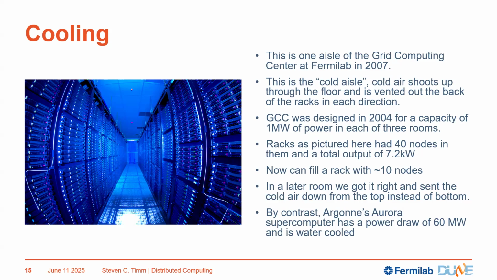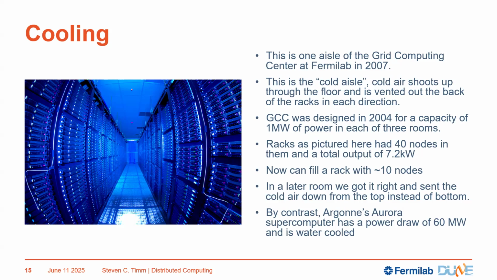Right. In one later room, we got it right, and we're sending cold air down from the top rather than bringing it up from the bottom. I mean, cold air sinks. We should do it. At Fermilab, there's been a long-standing bias that we don't want water cooling, mainly because the water cooling from our mainframe in the early 90s just kept on breaking and flooding our computer room.